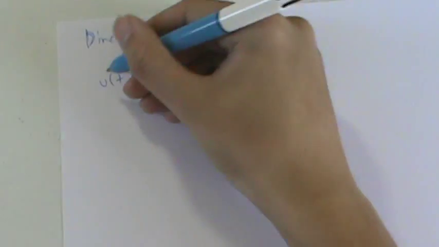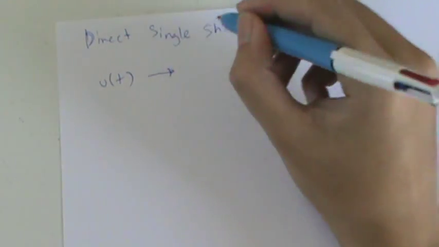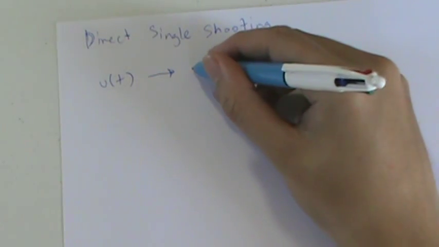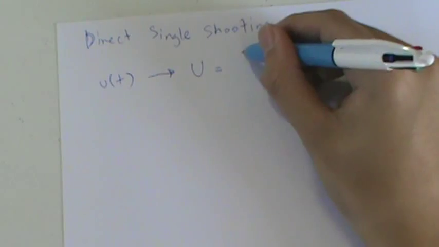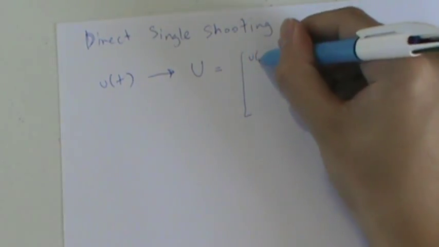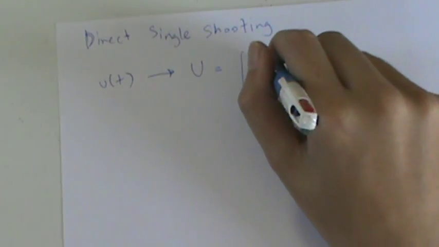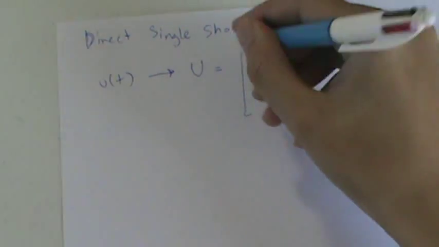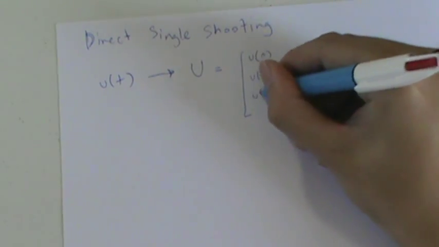So you have this control trajectory u(t). You have to discretize it so that you get this capital U. It's basically a bunch of u evaluated at different times, and each time differs by a time step delta t.